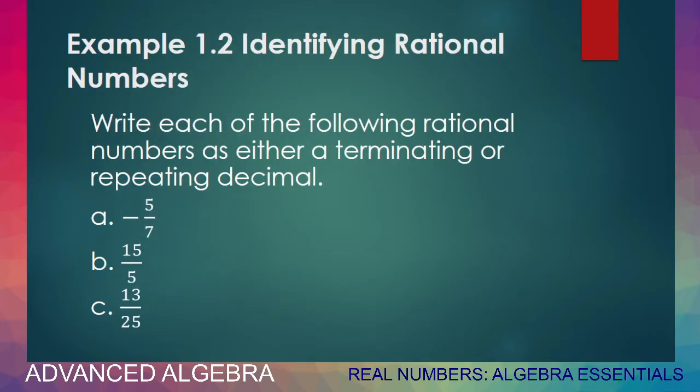Okay, next. So write each of the following rational numbers as either a terminating or repeating decimal. So meron kayong calculator na katabi dyan sa inyo? Para hindi tayo mahirapan. Okay. So, i-calculator natin. So, titingnan natin kung terminating or repeating decimal yung ating example.